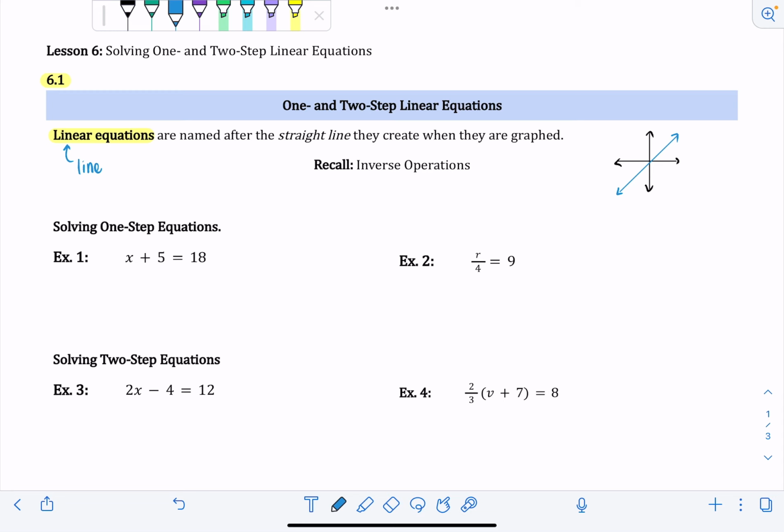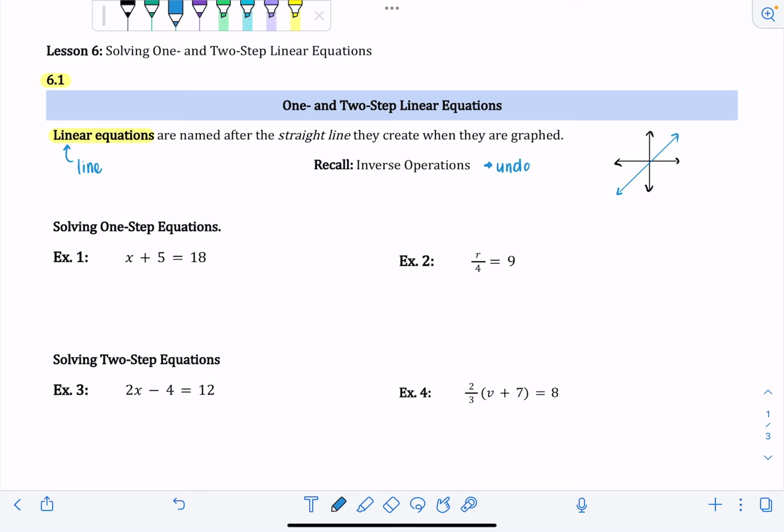Before we get started on the actual problems, I just want us to remember the concept of inverse operations, which I know we talked about a little bit during the exponents unit. Inverse operations are operations that undo each other.